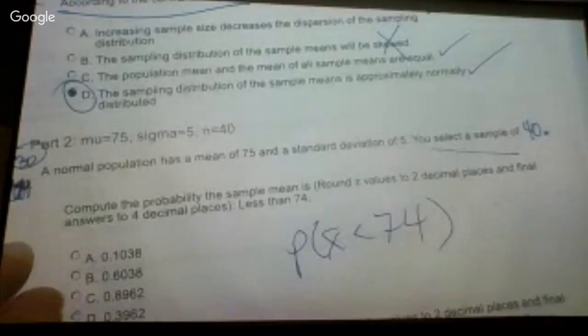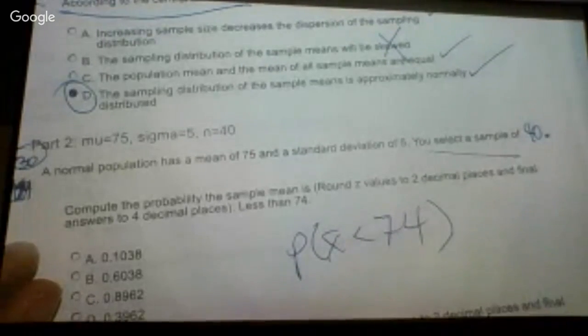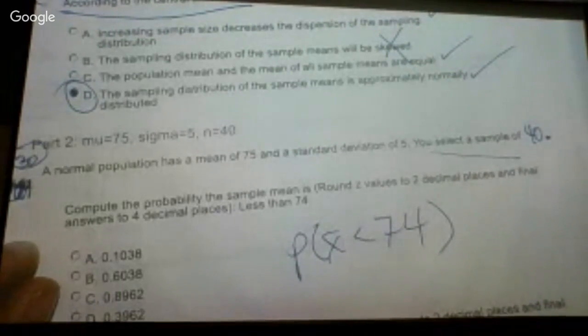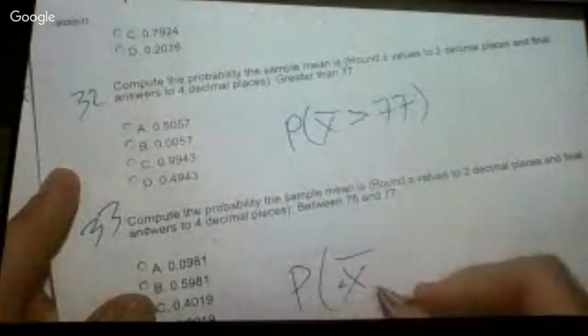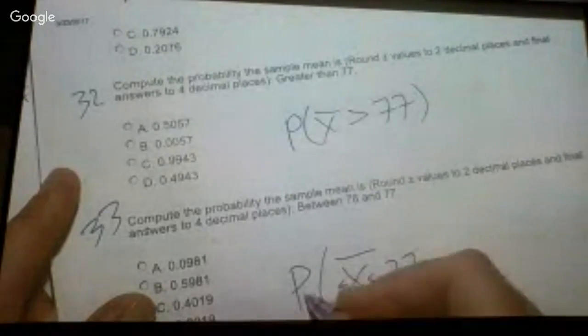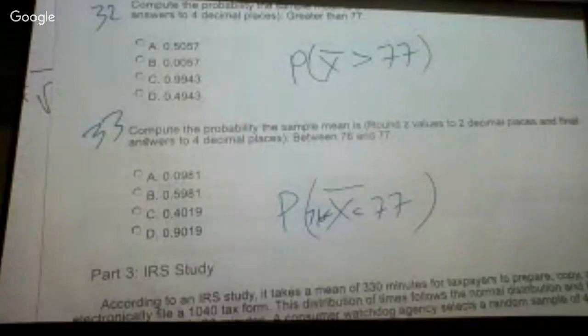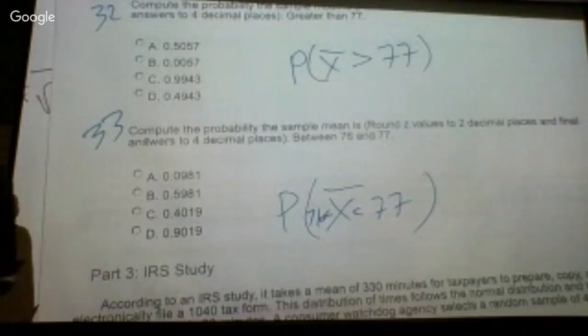For 31, we're going to find the probability that X bar is between 74 and 76. For 32, the probability that X bar is greater than 77. And for the next one, the probability that X bar is between 77 and 76. But all four of those are going to come from the same spot.